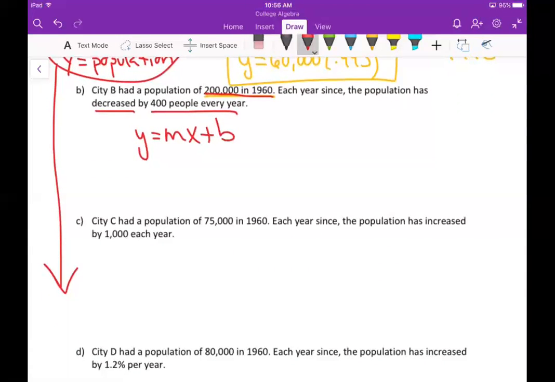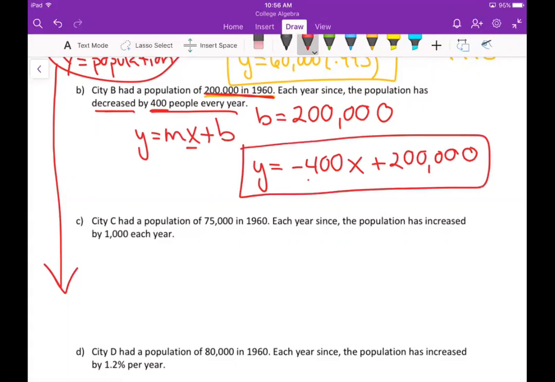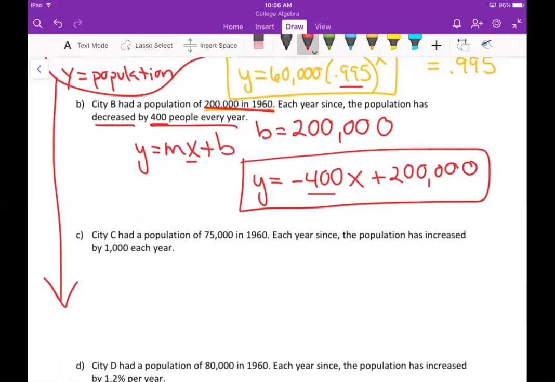We're still looking at an initial amount here. For linear functions, initial amounts are b. So we're going to start out at 200,000 and go down by 400 people every year. x is every year, so y equals negative 400 x plus the initial population of 200,000. That's the difference between constant amount change and constant percent change.